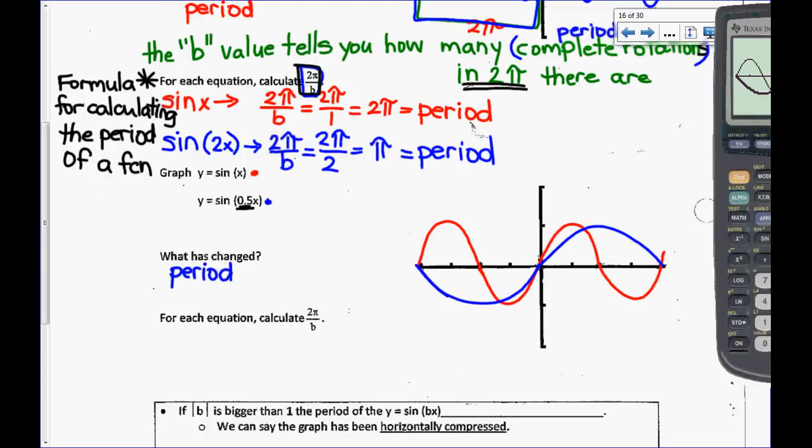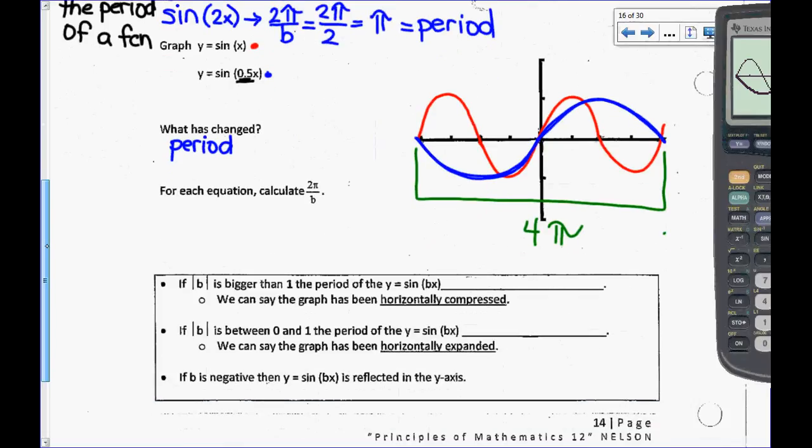This is one complete period right to there. So the distance from here to there is 2 pi plus another 2 pi. That's actually 4 pi distance that it took to do one complete period, or one complete rotation.